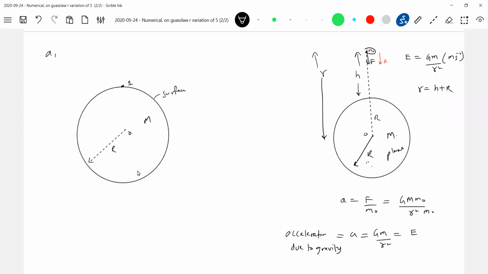This should be equal to GM by R square, no? Because small r will become capital R when you bring this test particle and keep it on the surface. Then this particular specific value, I'll call it g.